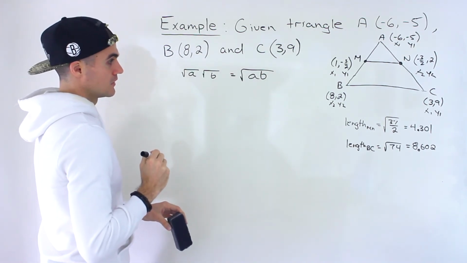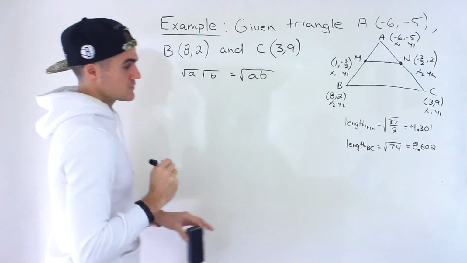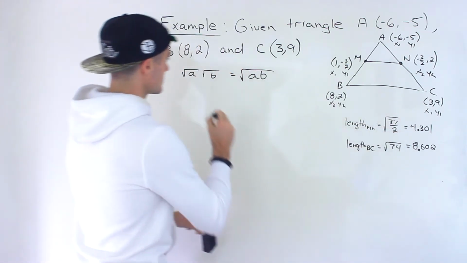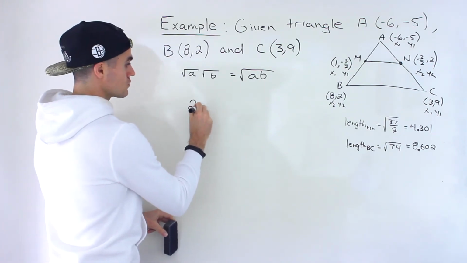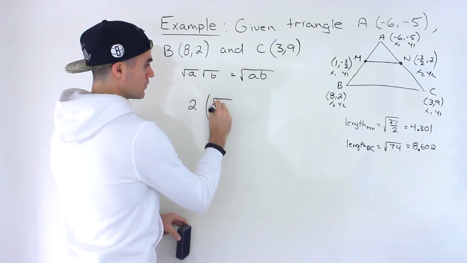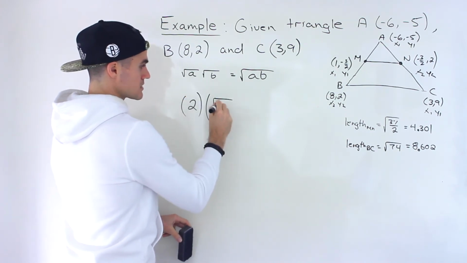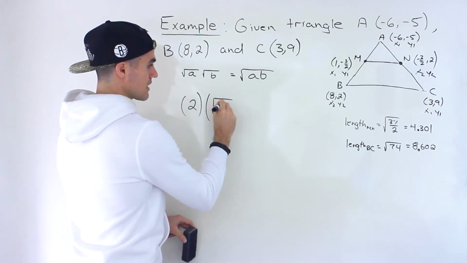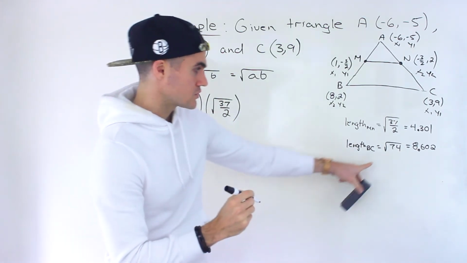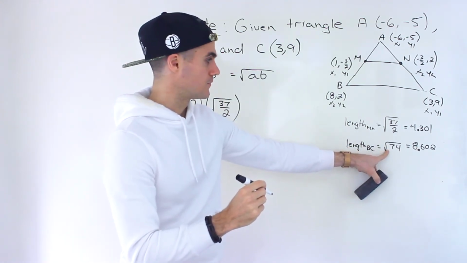So we want to show that 2 times the square root of 37 over 2 is equal to the square root of 74.